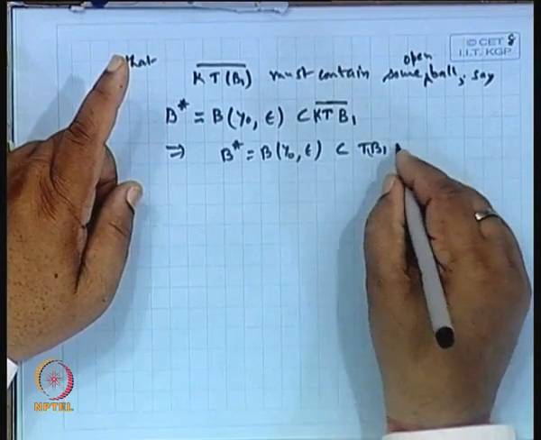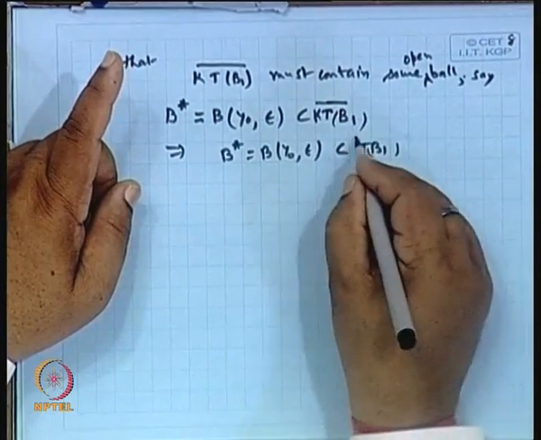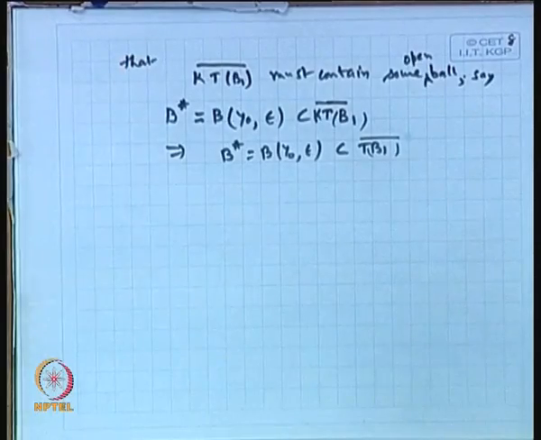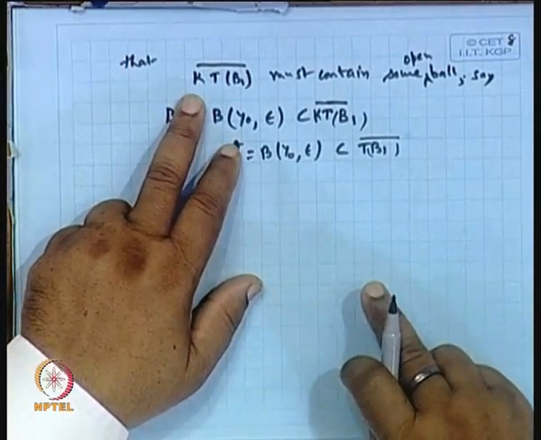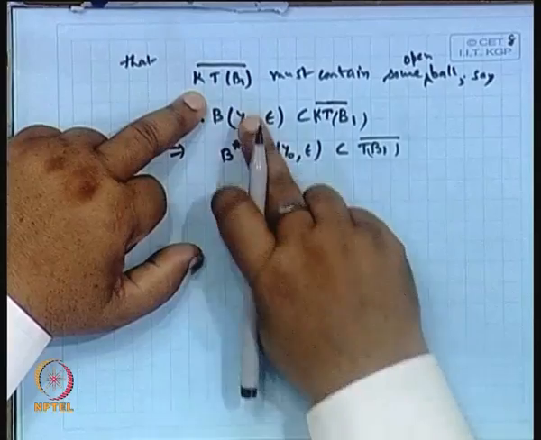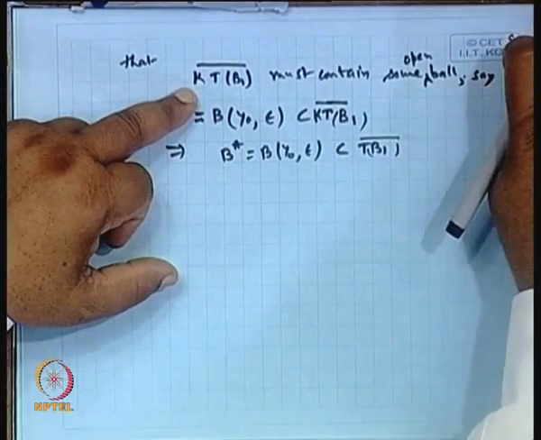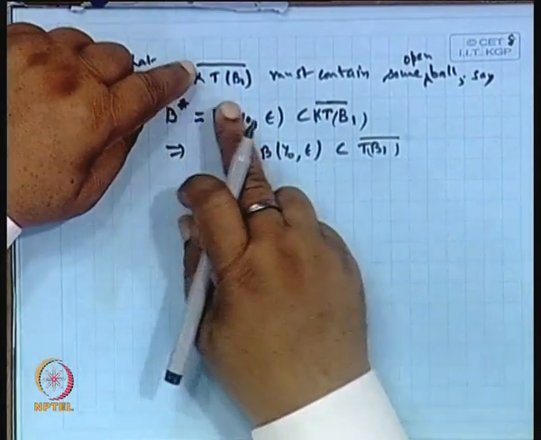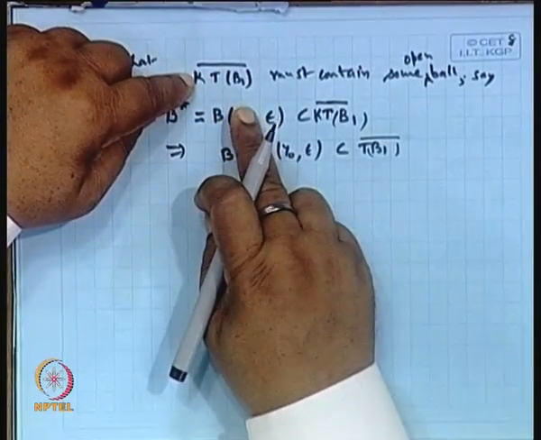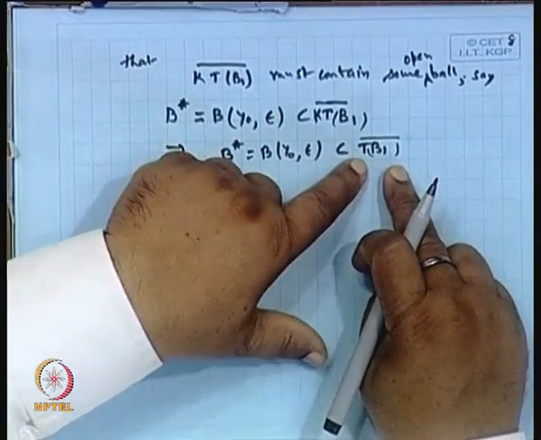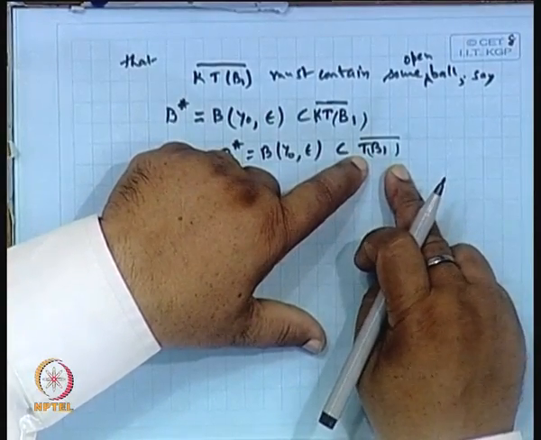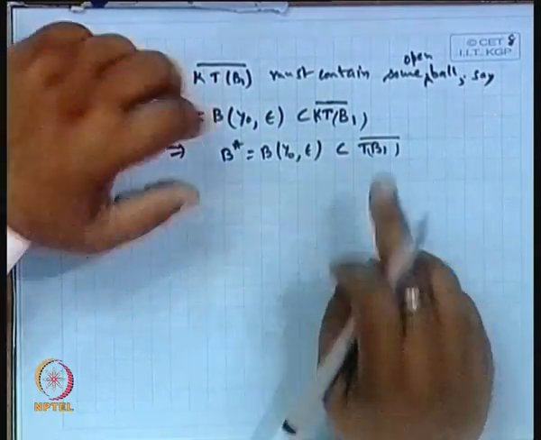Because K is simply a constant, we transfer each point of T B 1 to K times that point. So if this contains some open ball, it will also contain the same open ball centered at y naught with the same radius.